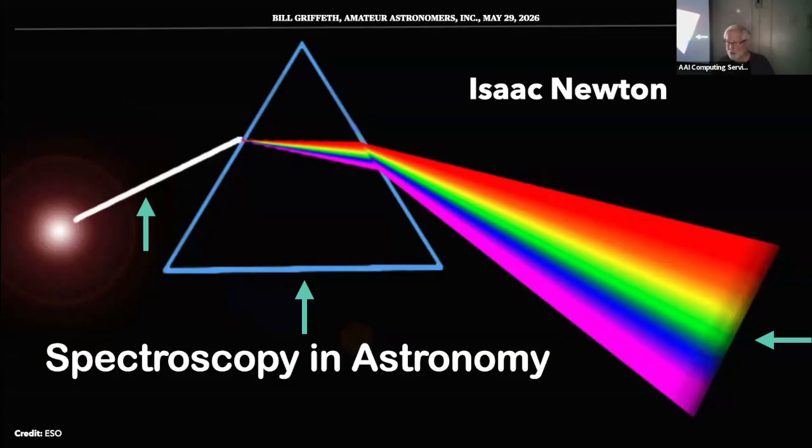Modern astronomical spectrographs, however, mostly use something called a diffraction grating of various types that separate colors in starlight far more accurately than glass prisms can.